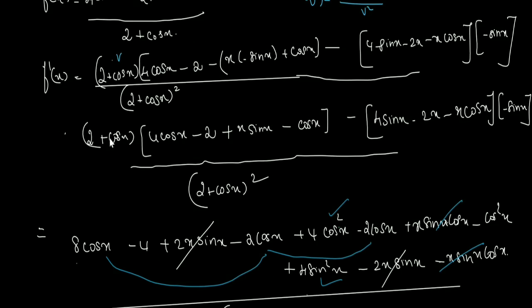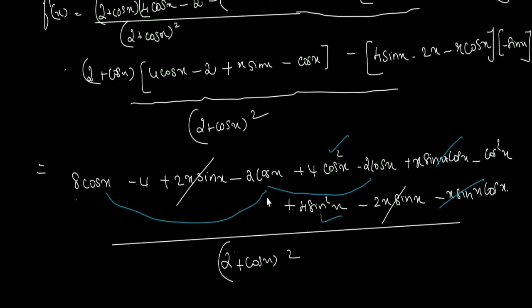Now multiply: 2 into 4, 8 cos x, 2 into minus 2, minus 4, 2x sin x, minus 2 cos x, then 4 cos square x, minus 2 cos x, then x sin x cos x, then minus cos square x, then multiply minus, so minus into minus plus 4 sin square x, minus into minus plus into minus, or minus 2x sin x, then minus into minus plus into minus, minus x sin x cos x.